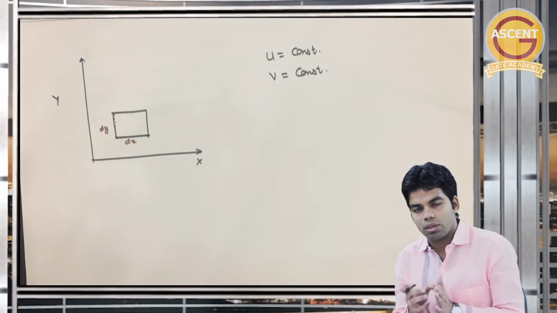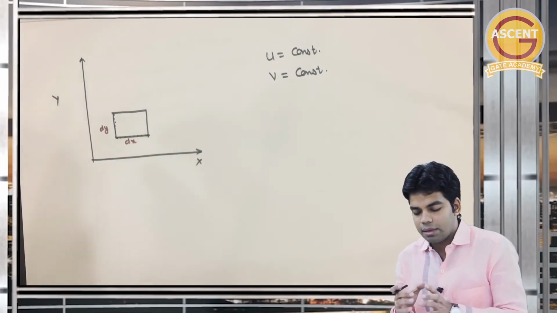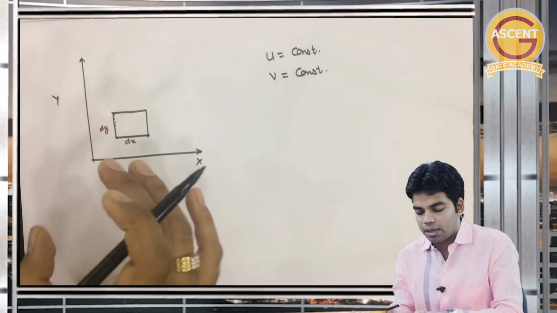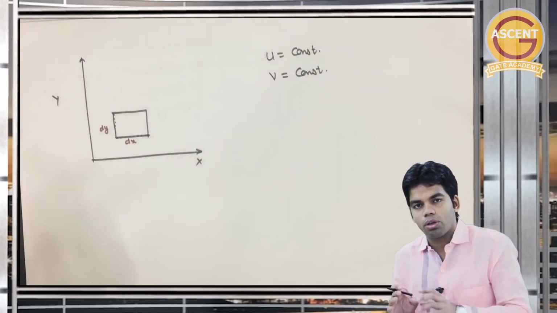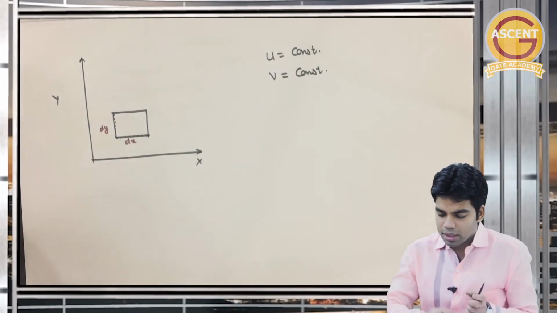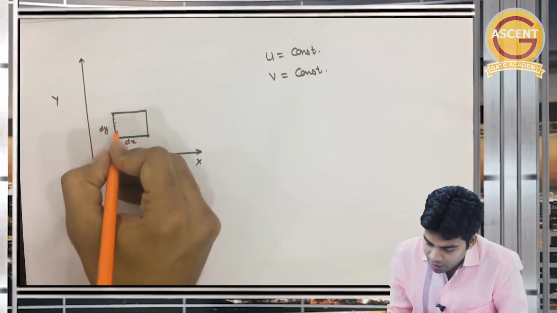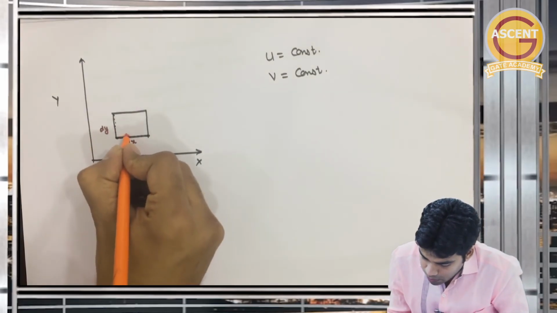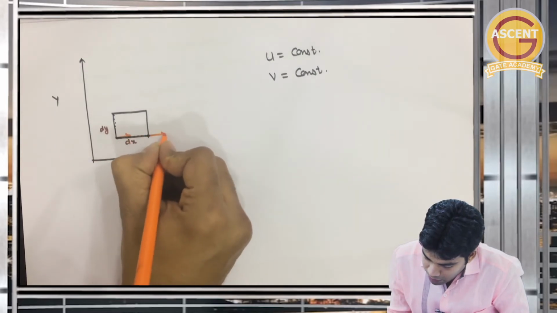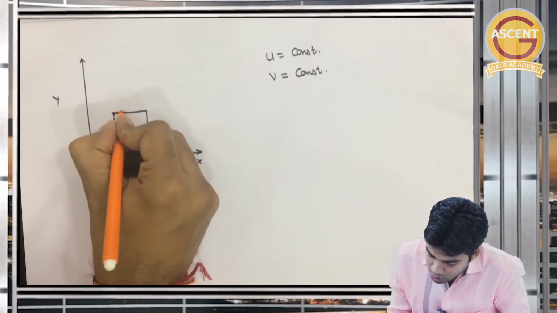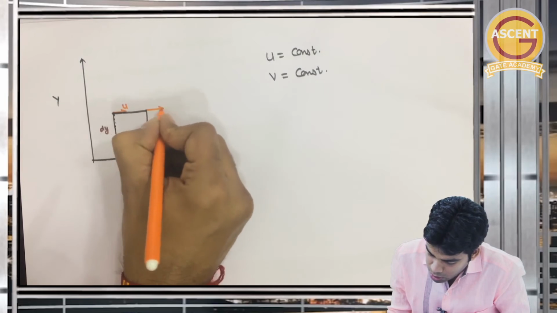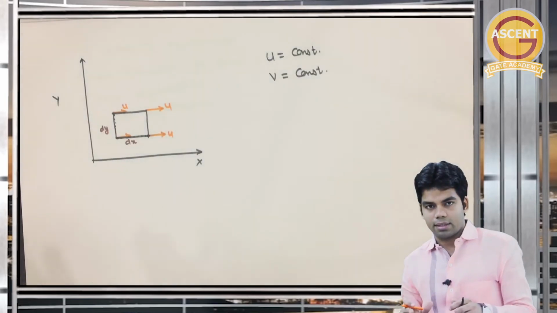The x-axis velocity is the same in each and every particle at each and every point. That means if this point has a velocity u, this point is also having velocity u, this point is also having velocity u, in the x-axis.